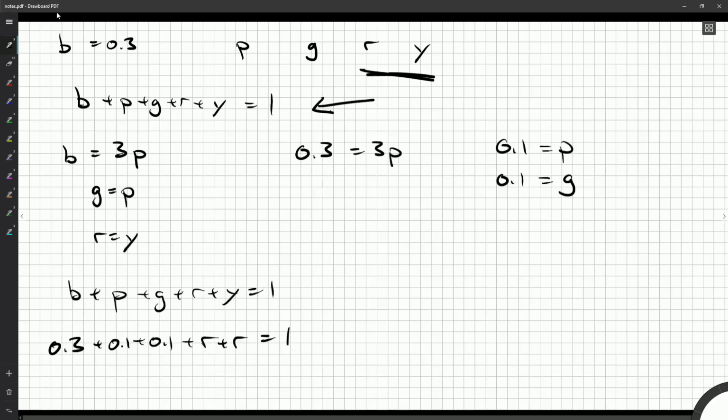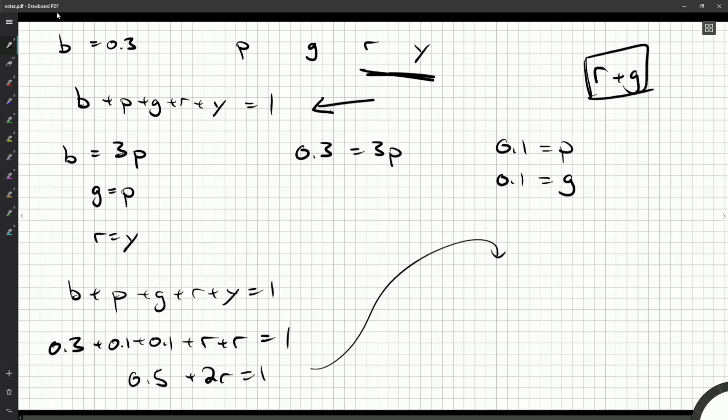So I could replace them both with R. I could replace both of them with yellow, but keep in mind, the final answer we're looking for is R plus G. So we could figure out Y, but why bother? So we get 0.5 plus 2R is 1. Rearrange that. 1 minus 0.5 is 0.5. That's equal to 2R. So divide by 2, and 0.25, 1/4, is going to be R.